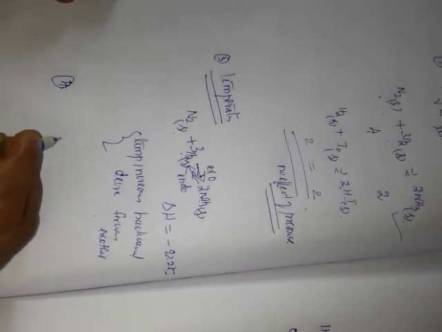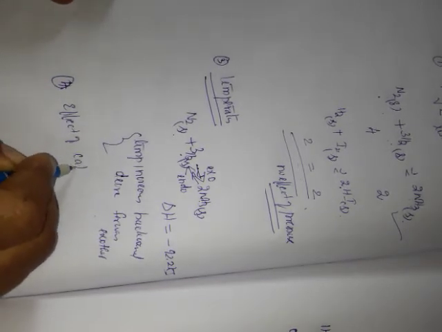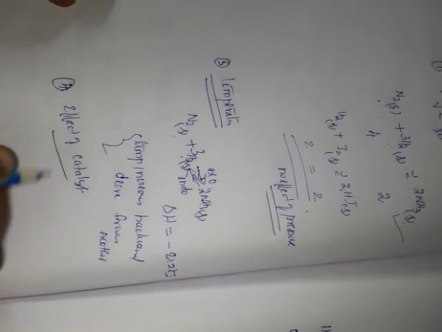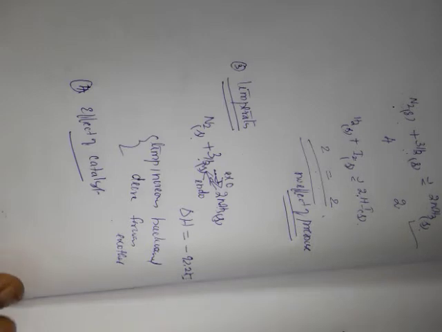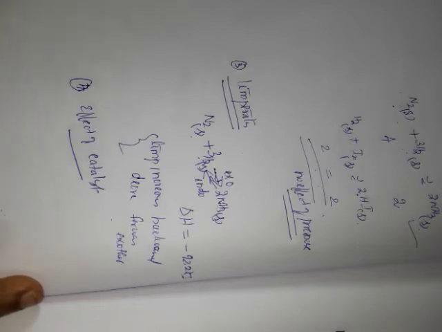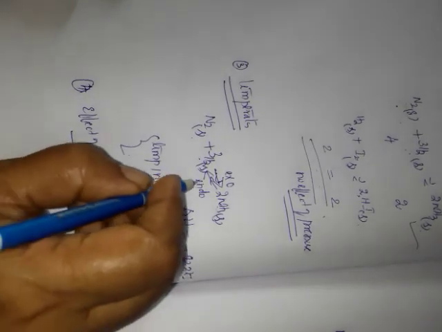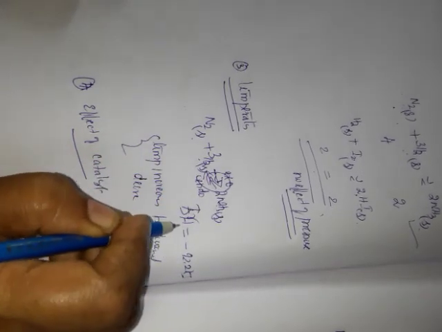Fourth factor, effect of catalyst. Addition of a catalyst does not affect the state of the equilibrium, but it increases the rate of the forward as well as the reverse reaction to some extent. For example, in the synthesis of ammonia we use iron as catalyst.